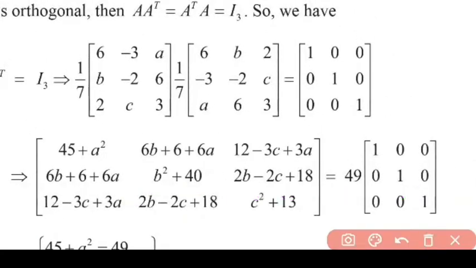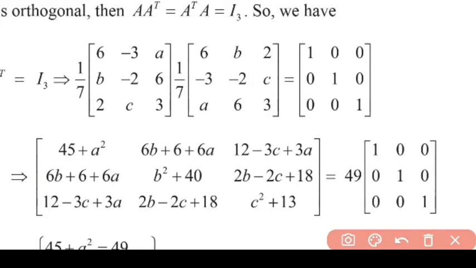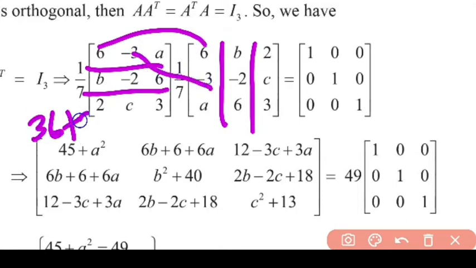Then use the normal matrix multiplication method: 6 sixes are 36, minus into minus is plus 9, so 36 plus 9, and A into A is A square.